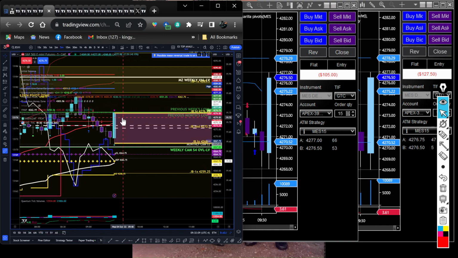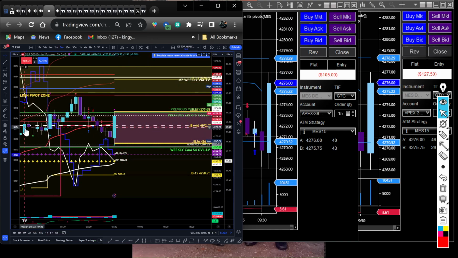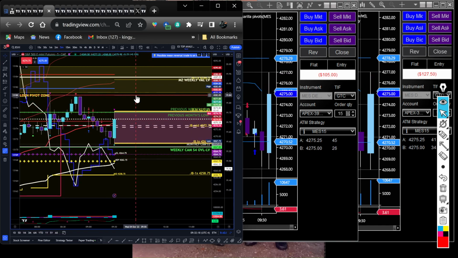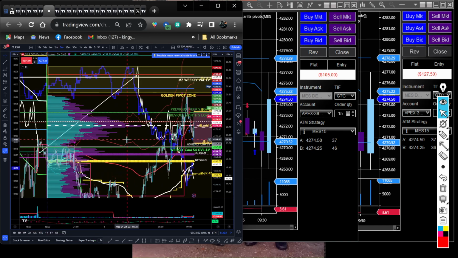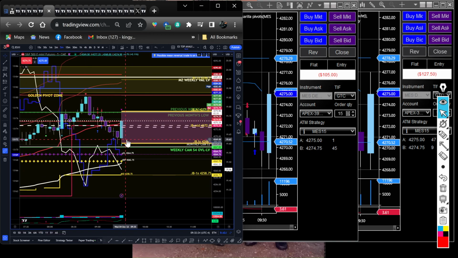All right, so we're pushing up on previous week's low, coming back up to the highs right here of 42.82. I think that's overnight high. So we might get up to overnight high, back up to the golden pivot zone, and maybe get the entry up here.